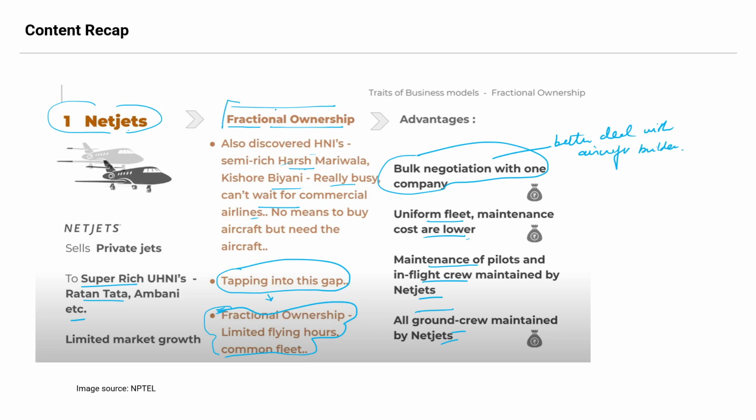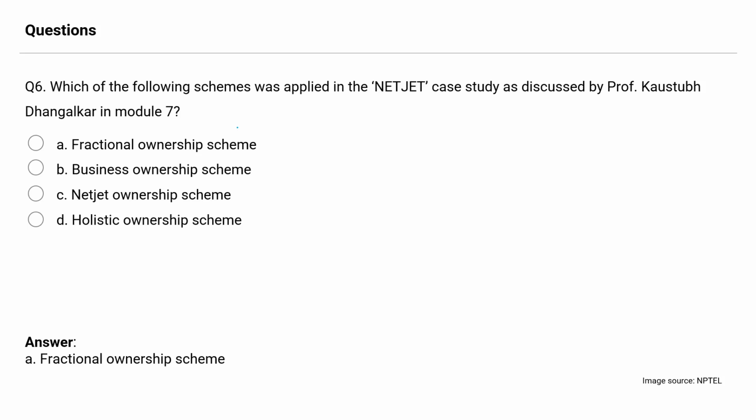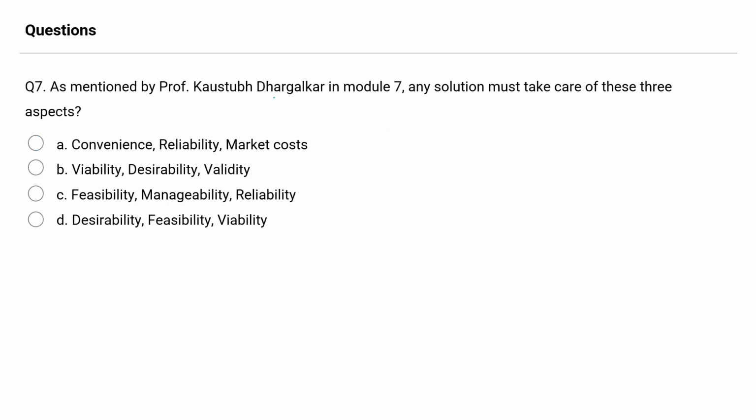So it is the fractional ownership. And what did they mean by fractional ownership? The amount of money these people are putting in, in that proportion, they will be owning the craft. All right. So the correct answer is A, which is fractional ownership scheme. Okay, fractional ownership. Let's go further now.